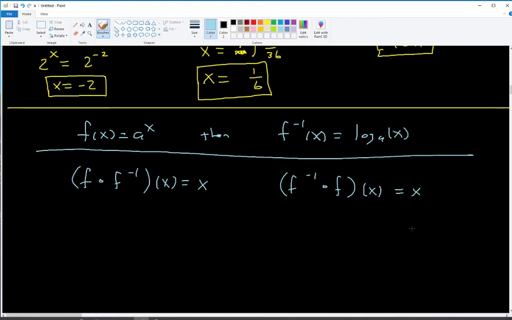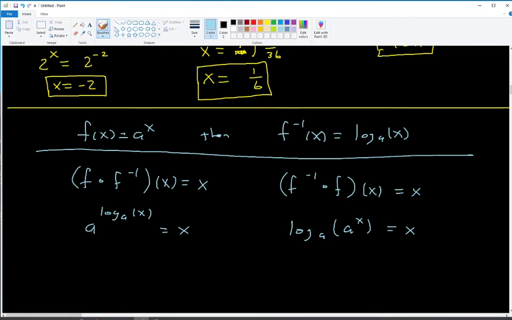As long as the bases match, these are each other's inverses. This generates two equations. This one becomes a to the log base a of x is x, and this other one becomes log base a of a to the x equals x.